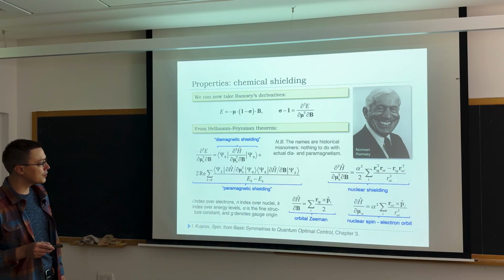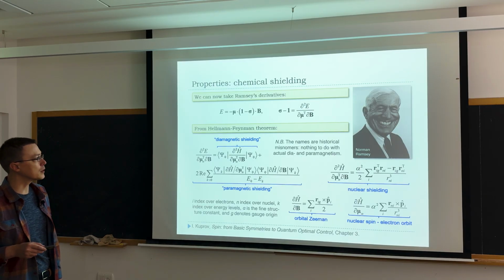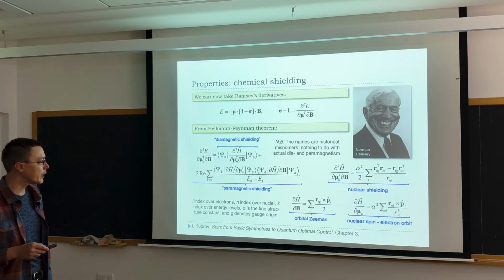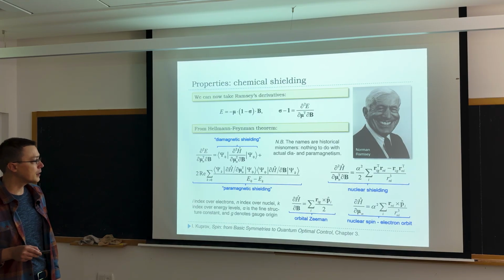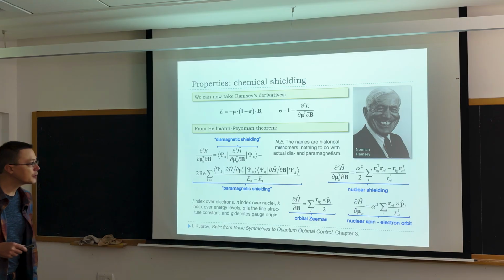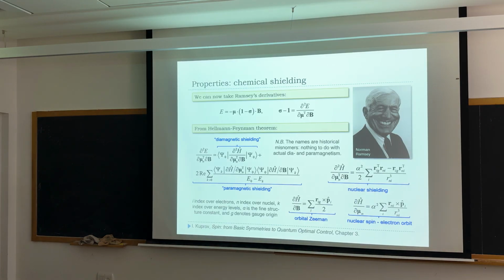So the ground term here is just electronic density modified with this distance operator, but the excited states have orbital Zeeman and spin-orbit type terms, and you can see that you need to account for special relativity, particularly for heavy elements here, to get that correct.